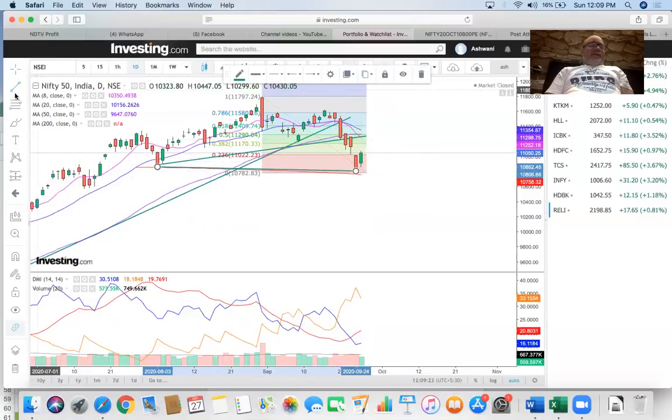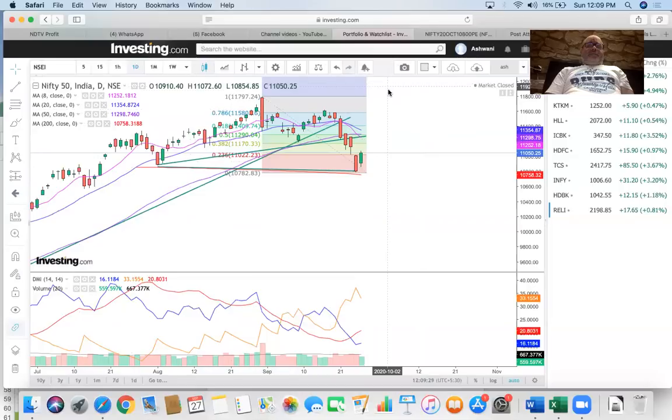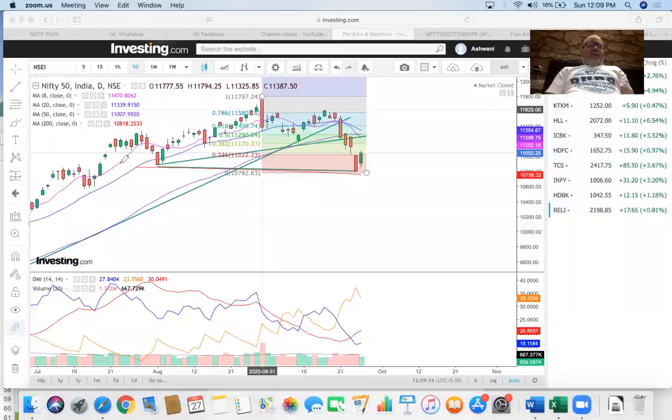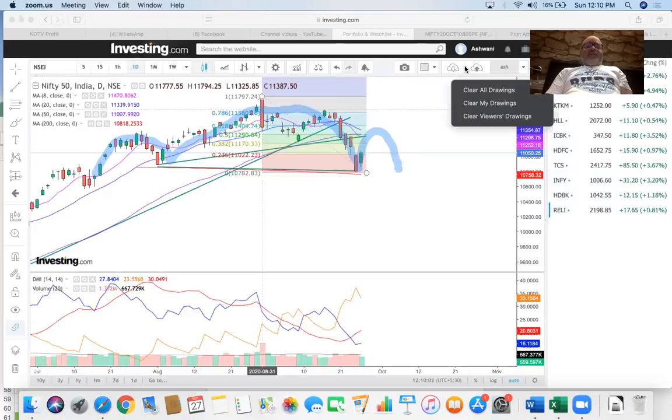Early days, but even this one here can be seen as a bearish pattern if the market starts to reject again on the downside. So we'll have to see how this develops, but for the moment, this does not look like a sustainable upside.